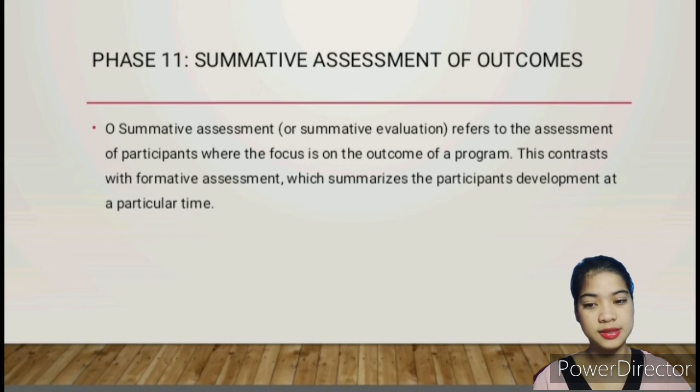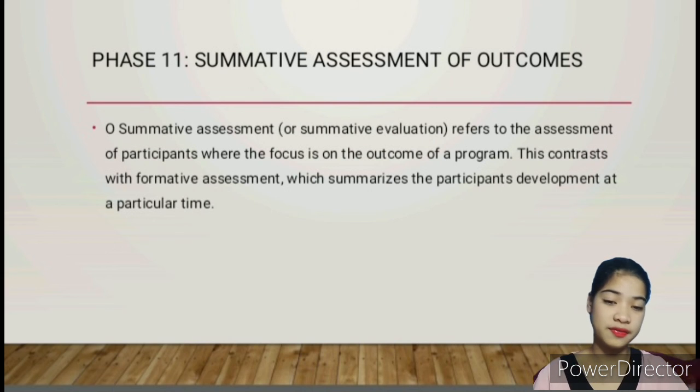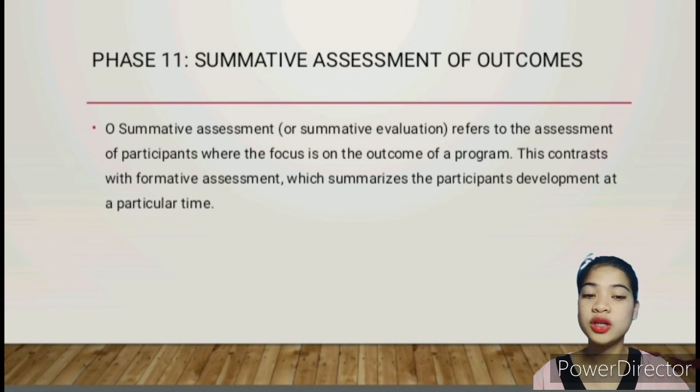Last but not the least, phase number 11, the summative assessment of outcomes. Summative assessment or summative evaluation refers to the assessment of participants where the focus is on the outcome of a program. This contrasts with formative assessment, which summarizes the participants' development at a particular time. So, lastly, the evaluation time.